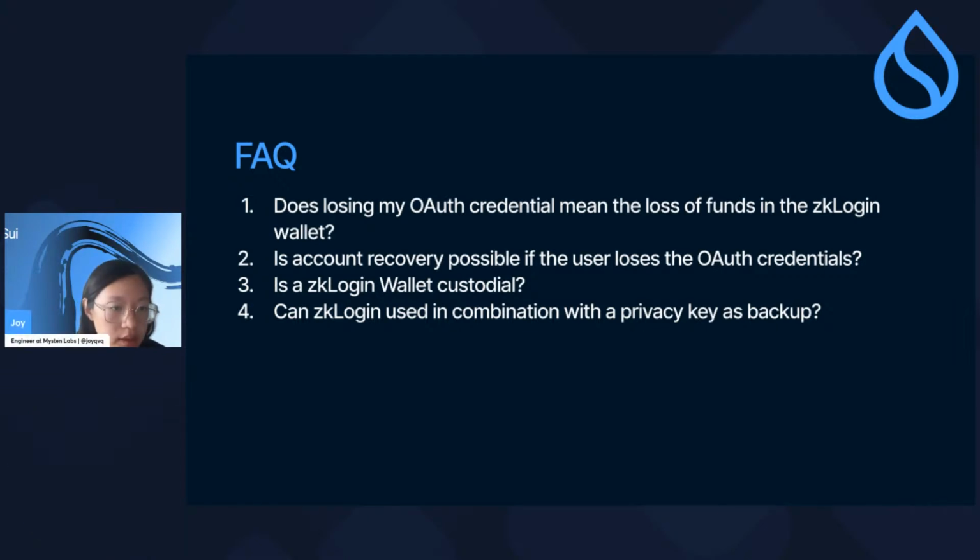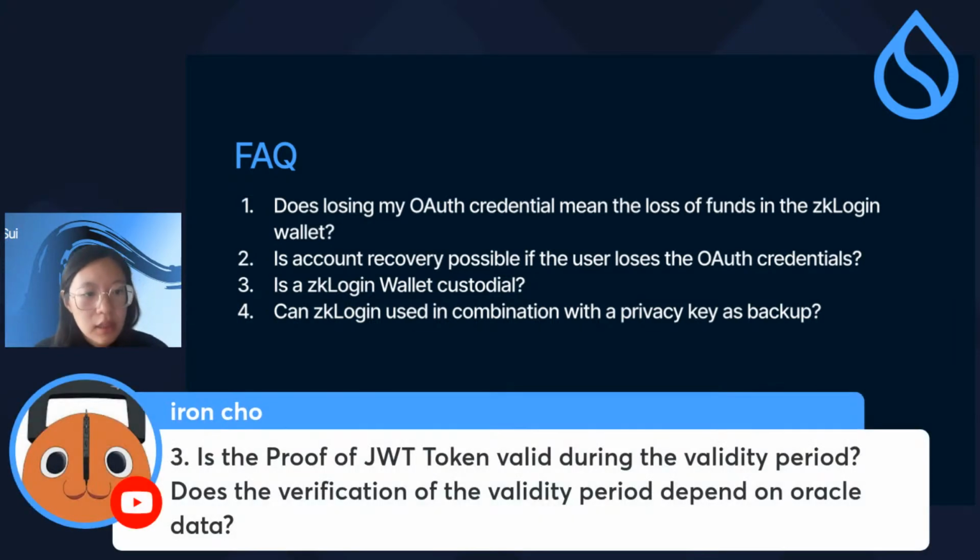Because we cannot use the ephemeral public key anymore, we cannot derive it using the public key itself. We need to use the persistent fields in the JWT token, and we know they're persistent because that's part of the OpenID Connect protocol spec.